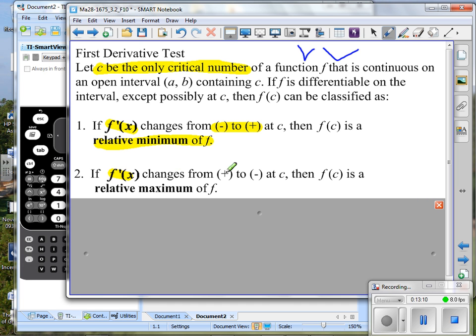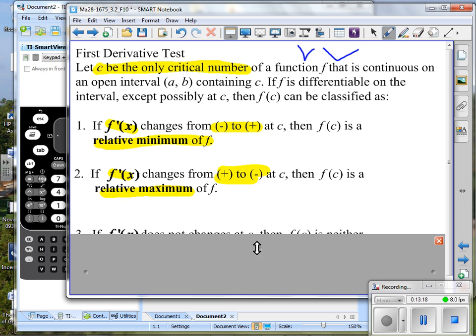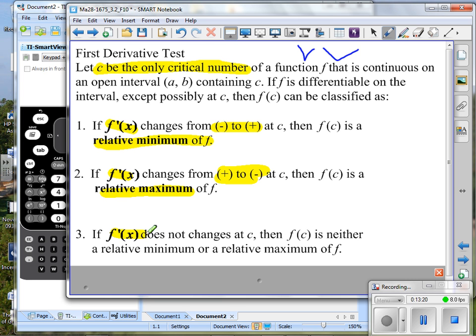First derivative changes from positive to negative. We've got a relative maximum. First derivative does not change. In other words, it goes from negative to negative or positive to positive. Then we have neither a relative minimum nor a relative maximum.